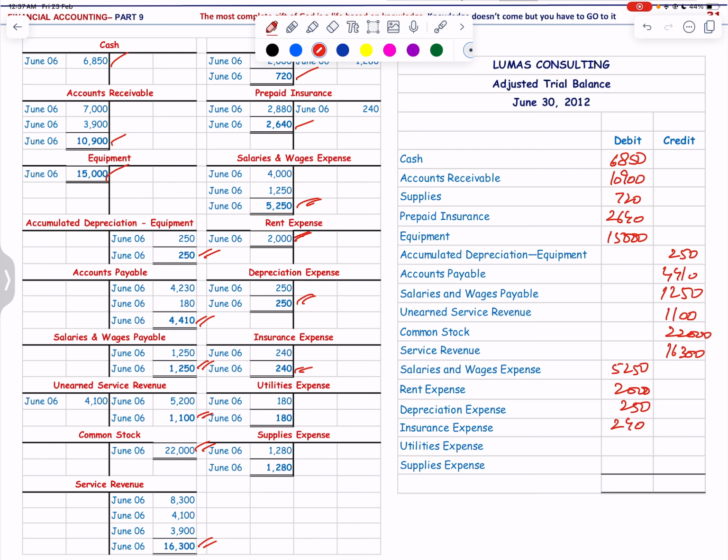Utilities expense is 180 and supplies expense is 1280. So we are going to make a total for this, and let us see how much is the total for the debit and the credit. So the total will be 45,310.